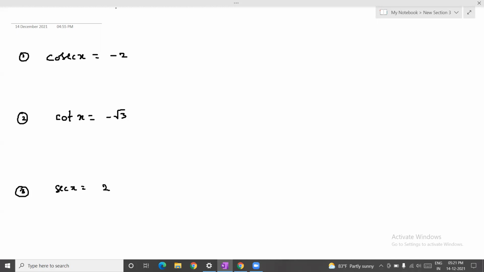Just try to solve. See, the clue was we discussed only sine, cos, tan. So convert the given ratios into sine, cos, tan and do it.